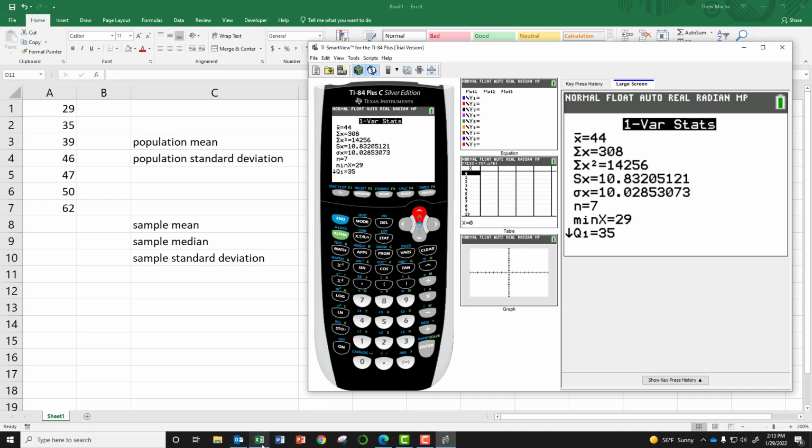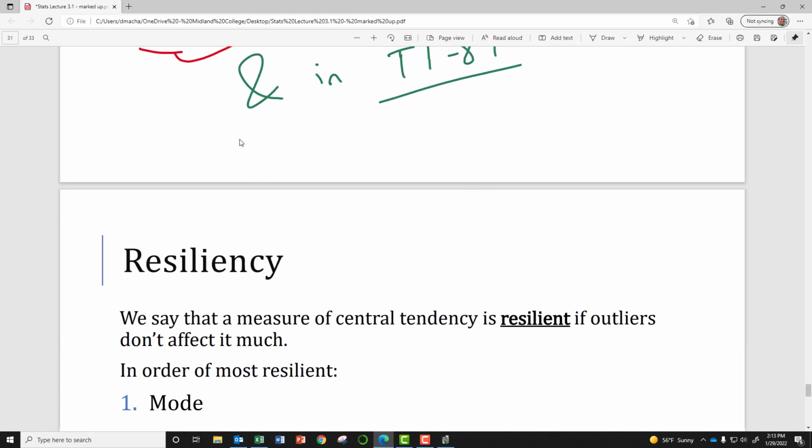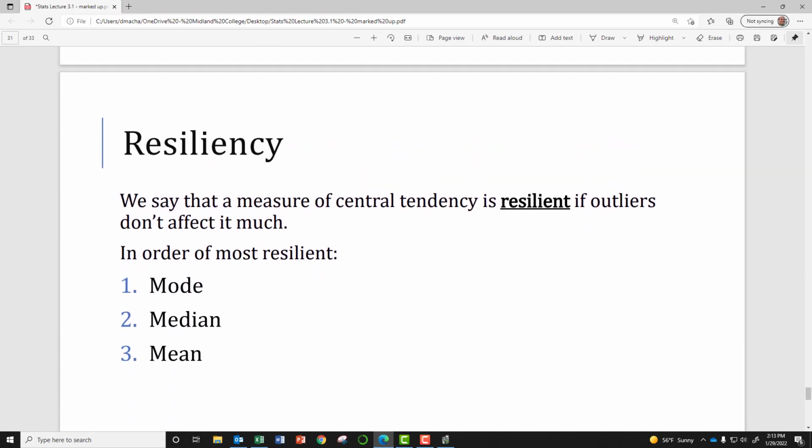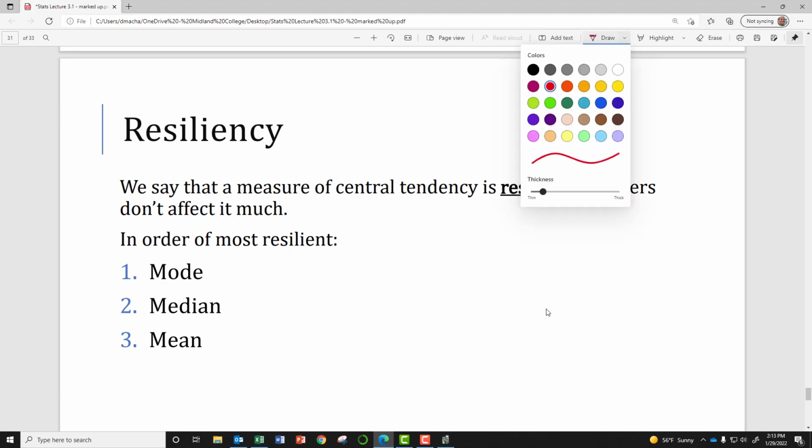So we did this in Excel and in your TI-84. Let's talk about a vocab word called resiliency. So we say that a measure of central tendency is resilient if outliers don't affect it very much. So in order of most resilient, outliers do not affect the mode very much.